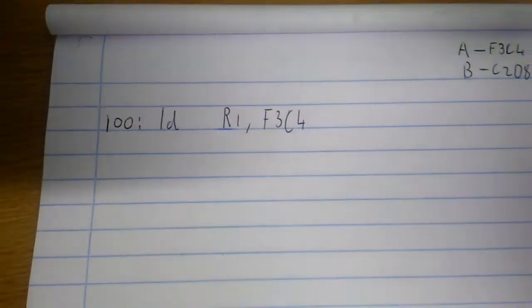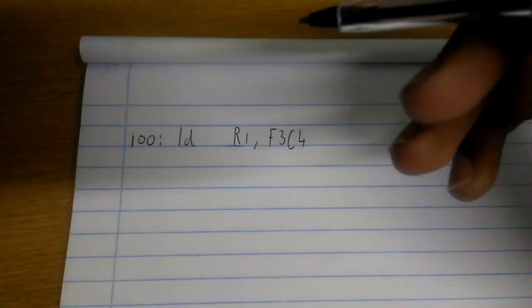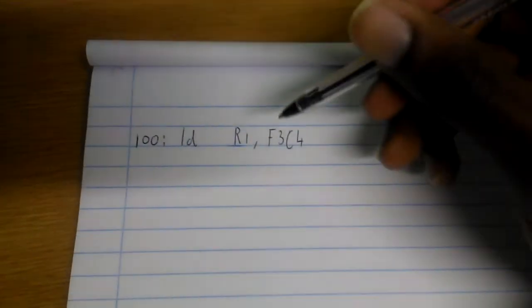Now, when I use the word load, I'm telling my assembly code, retrieve the variable A in memory location F3C4 into the cache or into the register memory, which is right next to your CPU, and put it into register number 1.